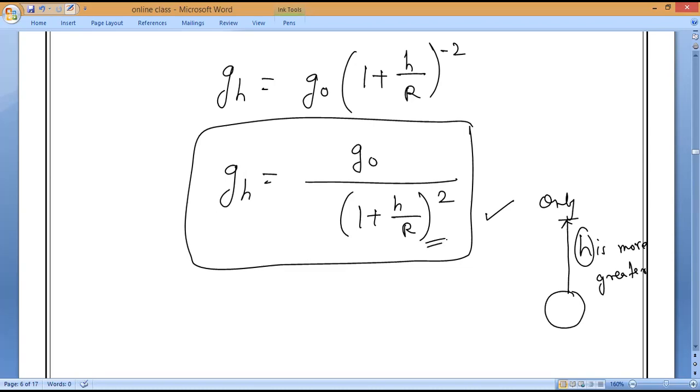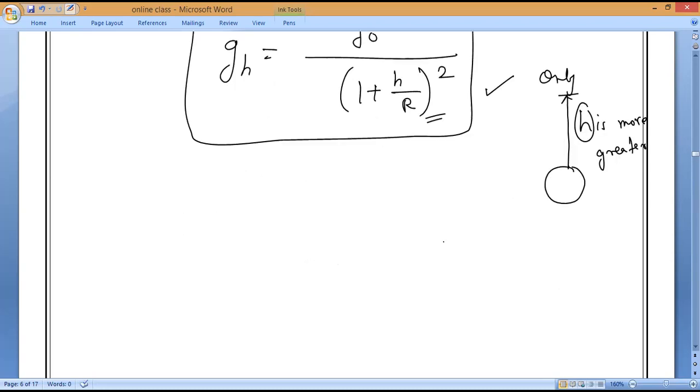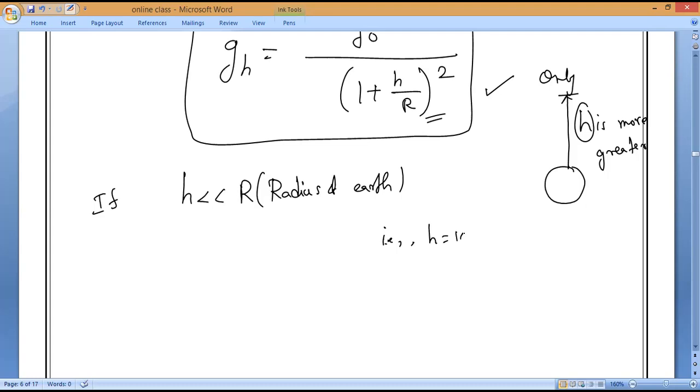Now, suppose H is extremely smaller than the radius of the earth, meaning we can take 100 meters, 1 kilometer, 2 kilometers, like that. It is extremely smaller than the radius of the earth.